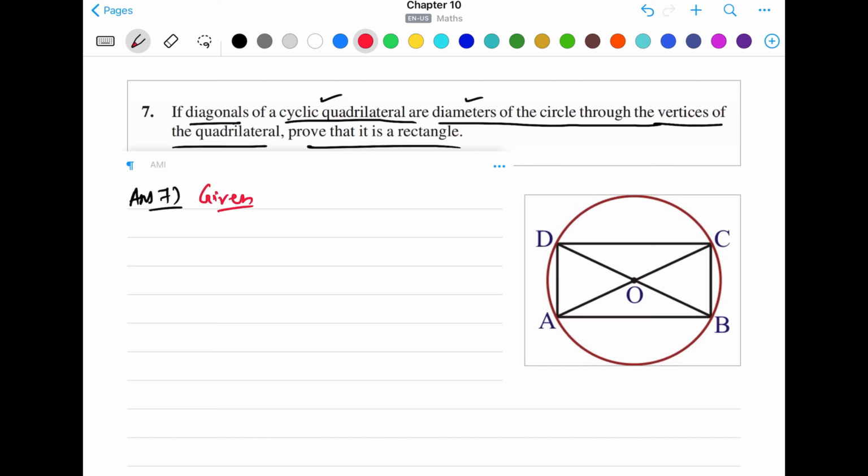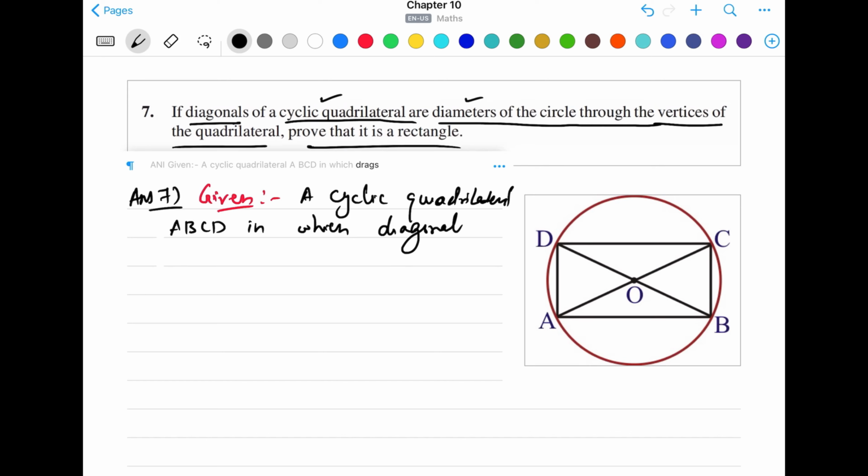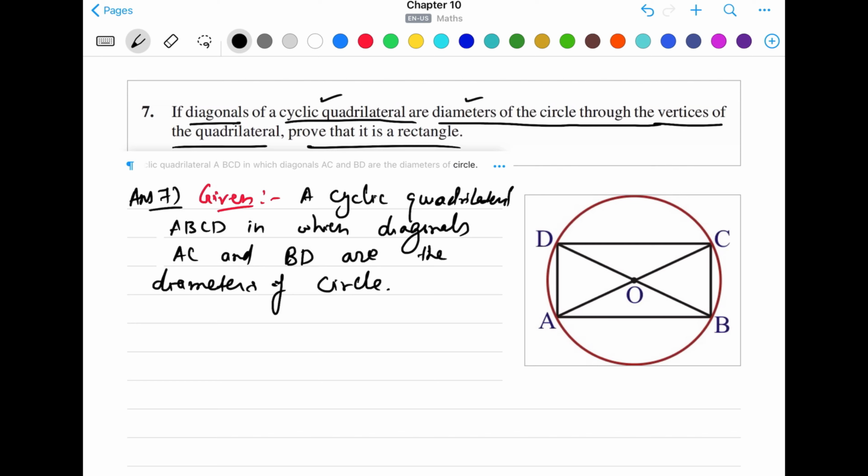First we are going to write the given part. Given is a cyclic quadrilateral ABCD, in which diagonals AC and BD are the diameters of the circle.